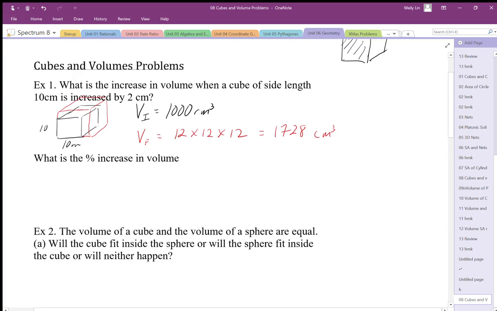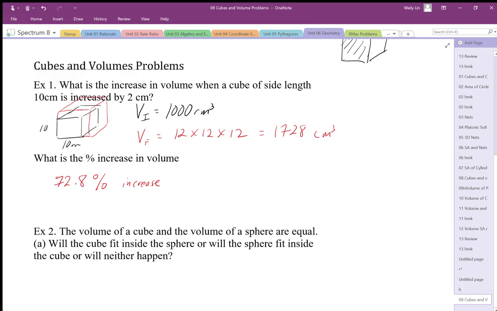A 20% increase in length results in a 44% increase in area and a 73% increase in the volume. The percent increase in volume ends up being a 72.8% increase. What we do is take the extra 728 and divide that by 1,000.